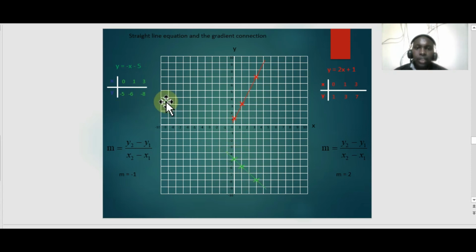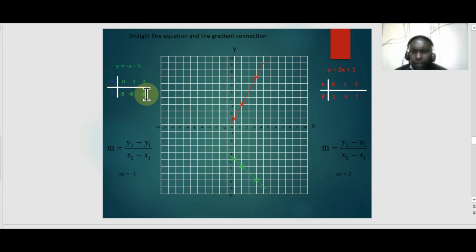In this case, the points have already been given in the table of values. So, if I want to get the gradient of this line, I just need to pick any 2 of these points. These are 3 points that have been used to draw this line, but when I'm calculating the gradient, I only require 2 coordinates.